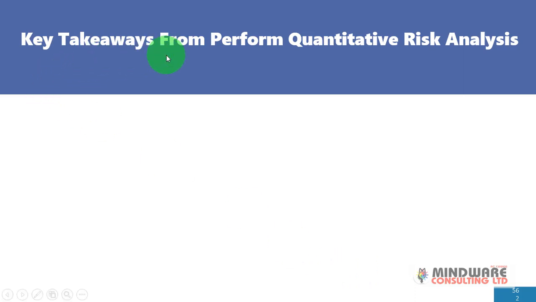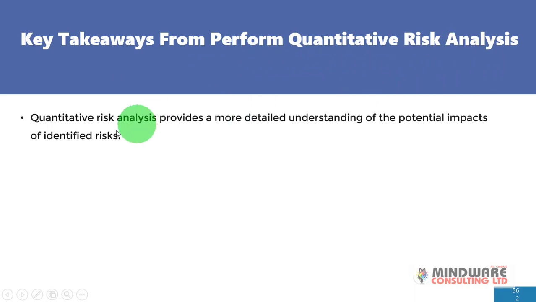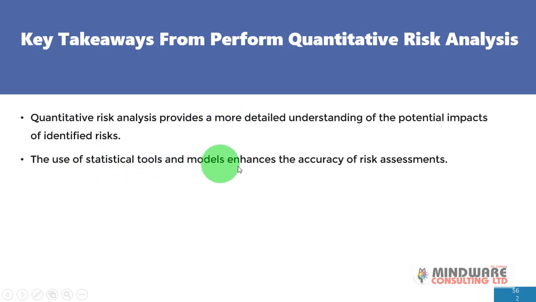Now let's discuss the key takeaways from the perform quantitative risk analysis process. Quantitative risk analysis provides a more detailed understanding of the potential impacts of identified risks. The use of statistical tools and models enhances the accuracy of risk assessment.